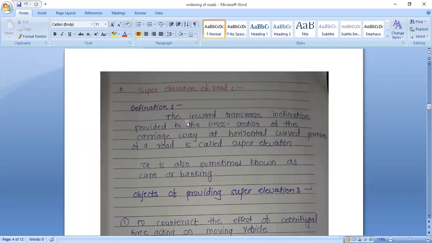In super elevation, one edge of the road is upward and one edge is inward. Hope you all get the super elevation. It is also sometimes known as cant or banking of the road.